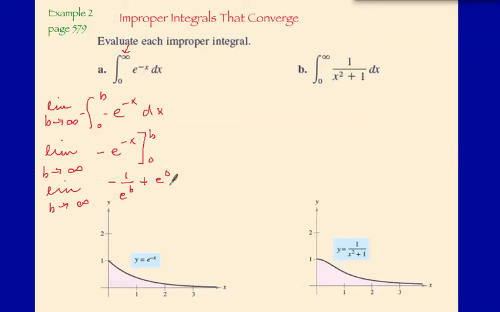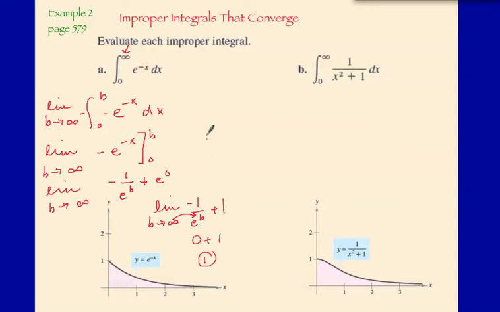Now when we evaluate this, we can see that e to the 0 is 1, and so I'm going to be taking the limit as b approaches infinity of negative 1 over e to the b plus 1. Now let's plug infinity in. Because we put infinity in the denominator, we end up with 0 plus 1, which is 1.